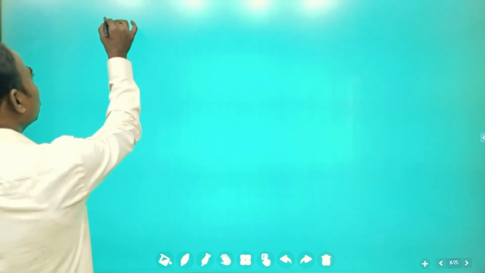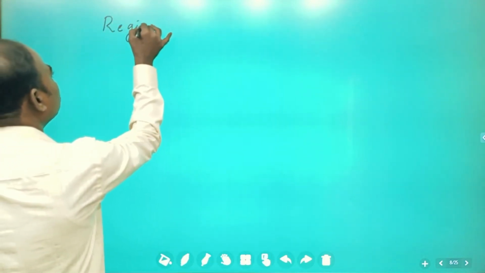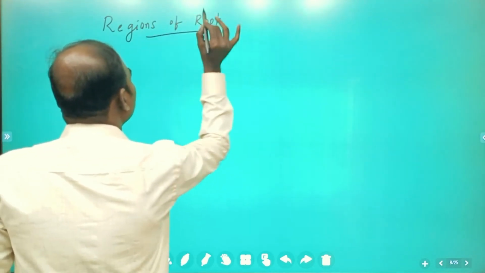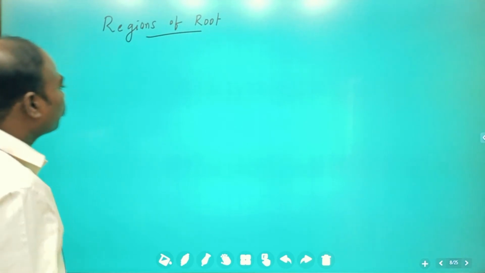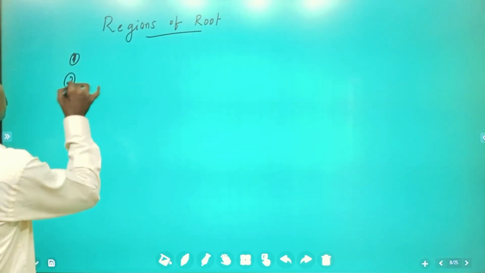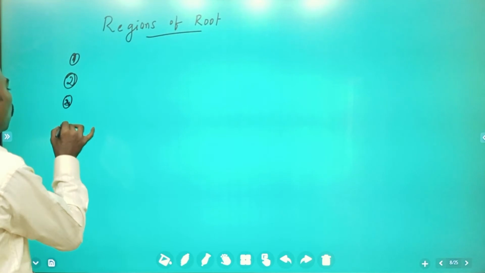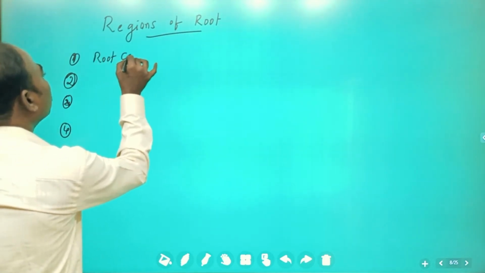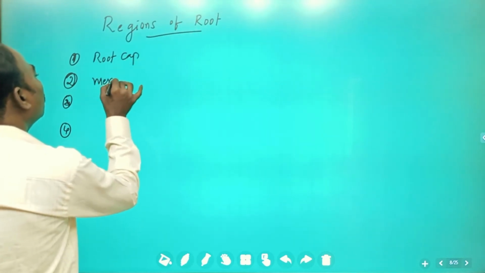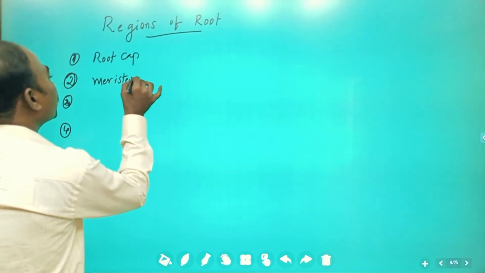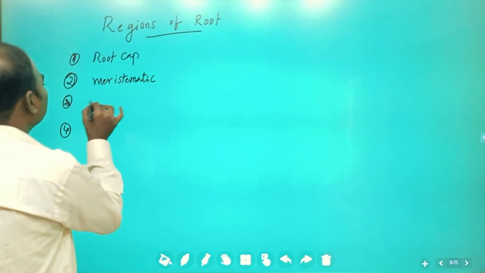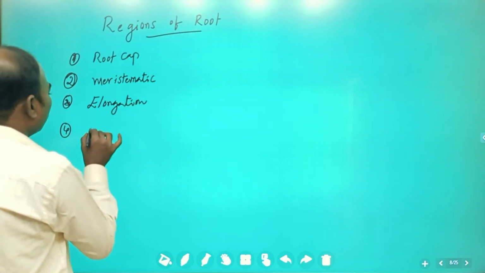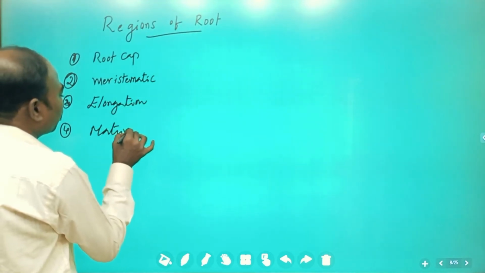Then regions of roots. One of the important topics. We have several regions, nearly 4 regions. One is root cap region, meristematic region, elongation region, maturation region.